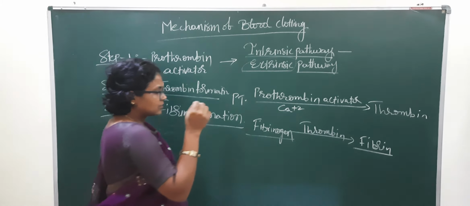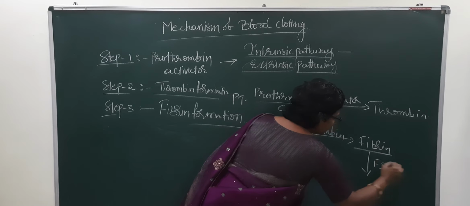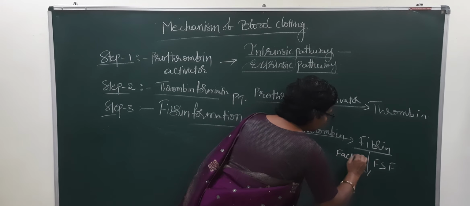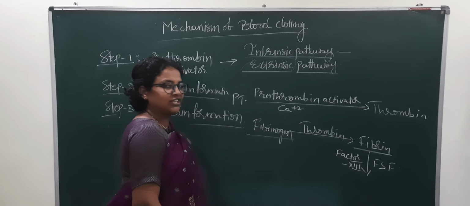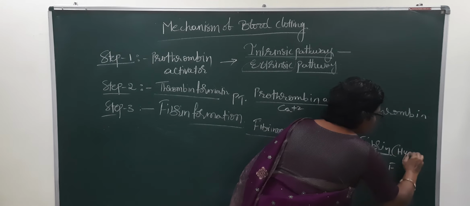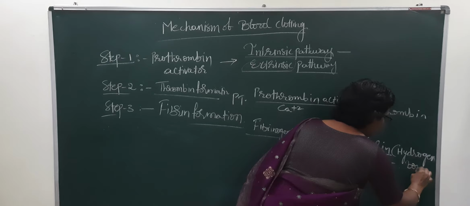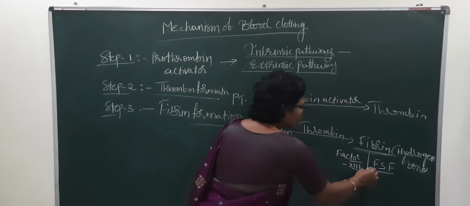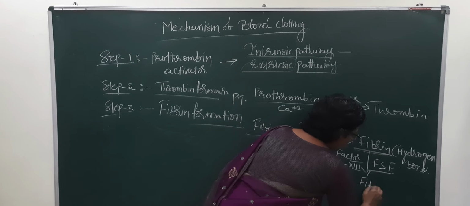See, this thrombin and the fibrin stabilizing factor, that is factor 13, converts the fibrin with hydrogen bonds. What am I saying? Hydrogen bonds. In the presence of fibrin stabilizing factor, these bonds convert into fibrin with covalent bonds.